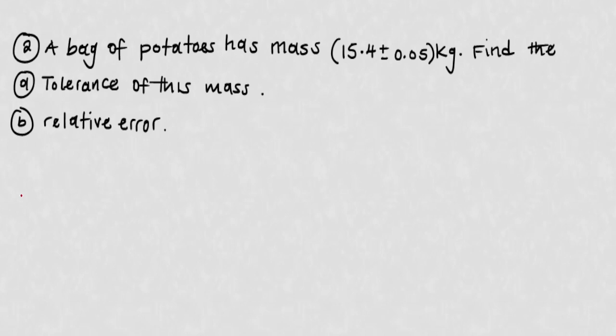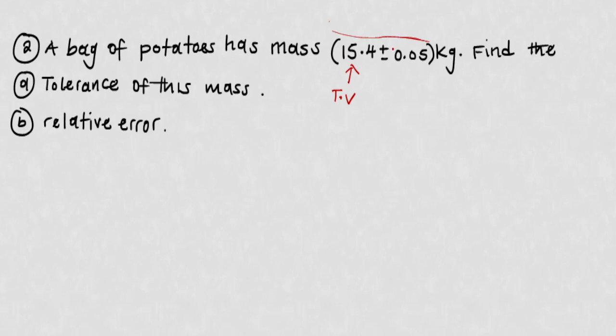Let's read the question. A bag of potatoes has mass 15.4 plus or minus 0.05 kilogram. Whenever they give you a number in this form, the first number that comes is always the true value.